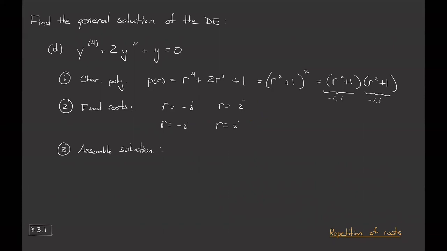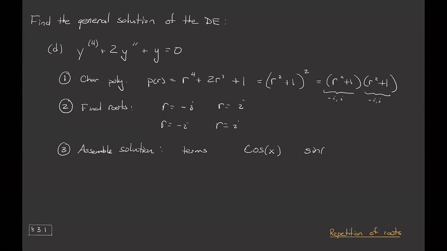And what we get is for each root should give us a term. When we have complex conjugate pairs, we get two terms at once. So our terms should be e to the 0 times cosine of 1 times, do I have an independent variable? No, we'll use x.